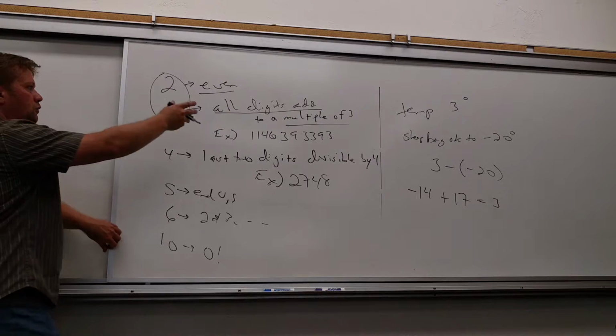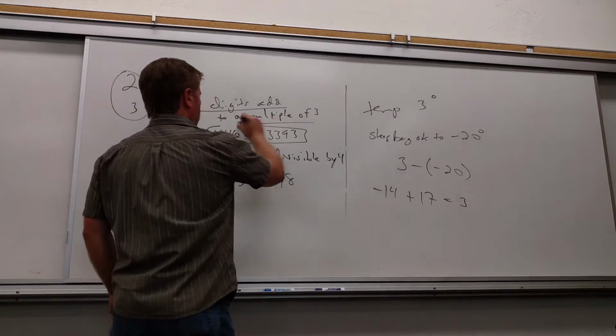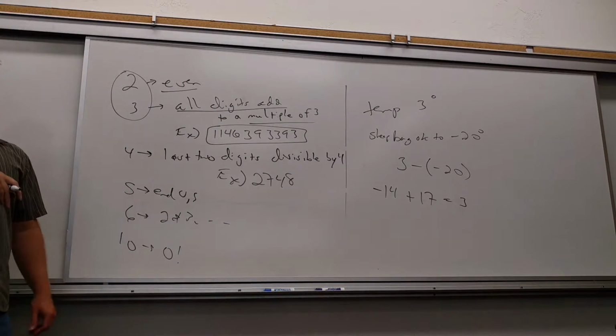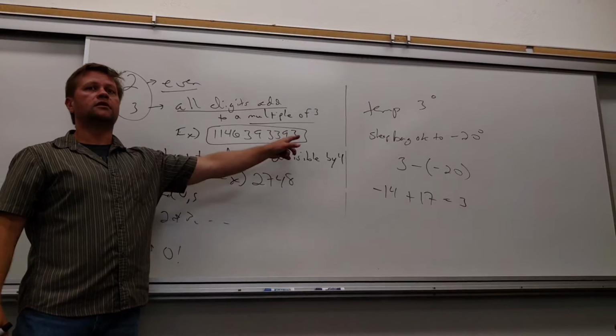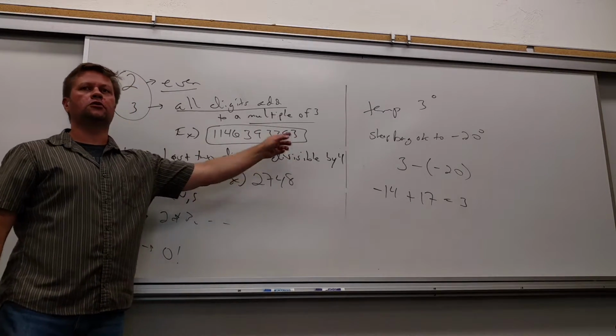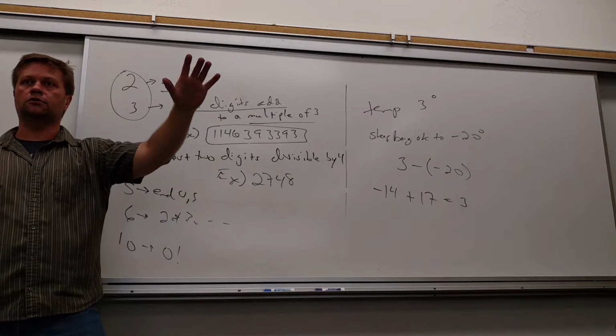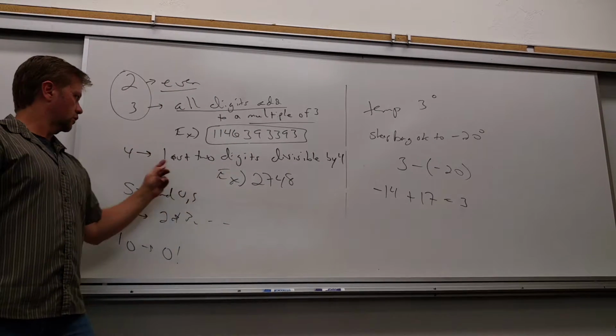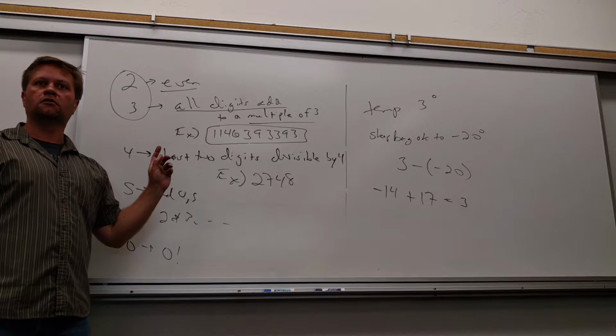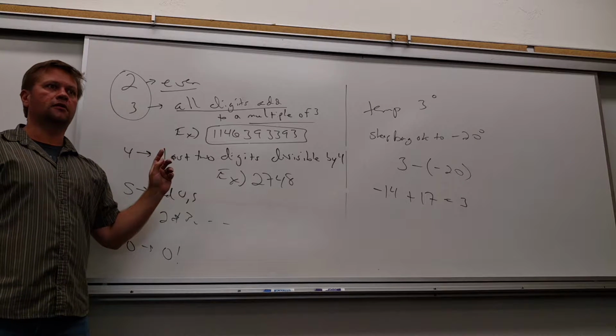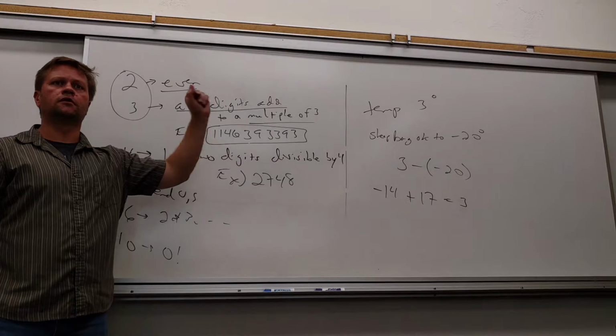So, if I give you this number, is it even? No. So 2 does not go in. 3 goes in because it adds up to a multiple of 3. Does 4 go into this?